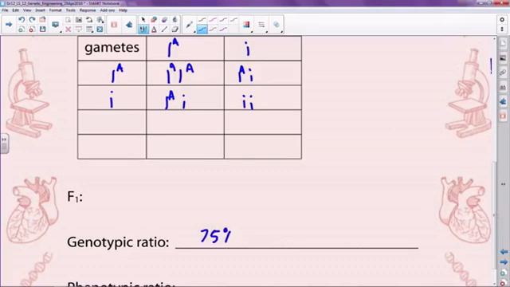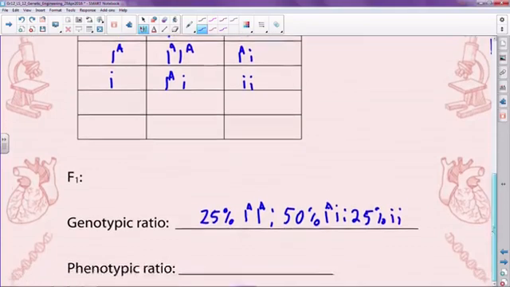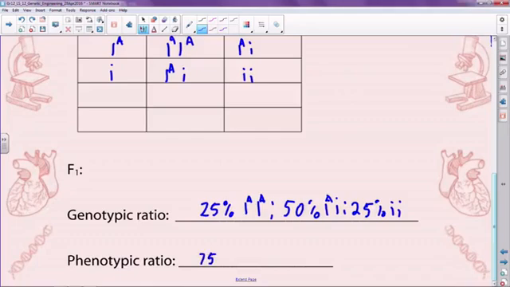So we have a 25% AA, we have a 50% AO, and we have a 25% OO, which means the phenotype ratio is 75% A and 25% O. You get that? That's quite cool, huh?